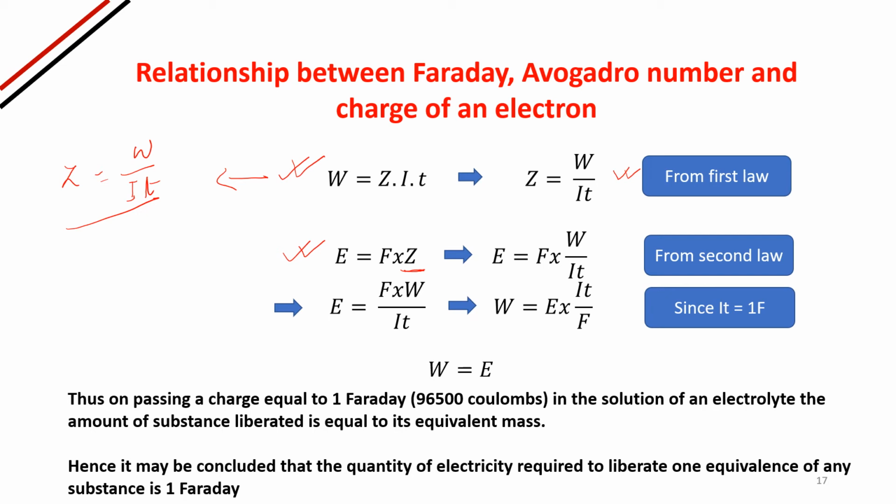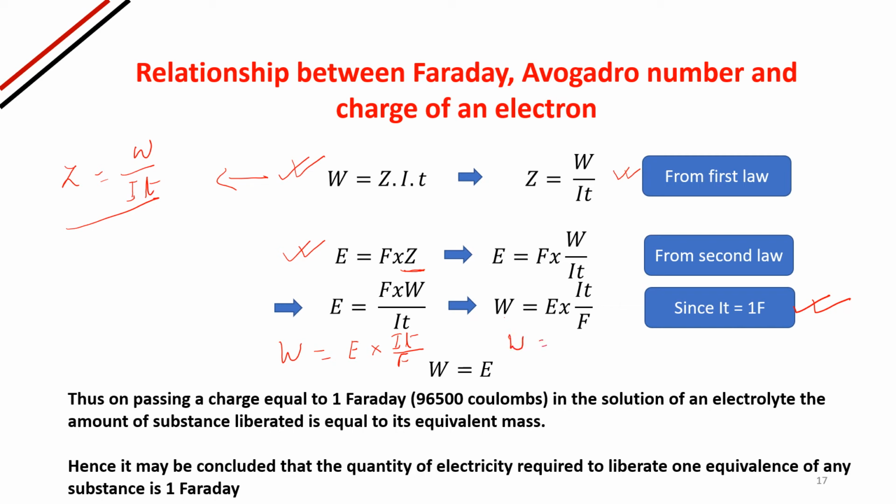Okay. Now I can write it in this way. E is equal to F into W by IT. So from there, we can get W is equal to E into IT by F. Now I into T is nothing but 1 Faraday. So just put it here.